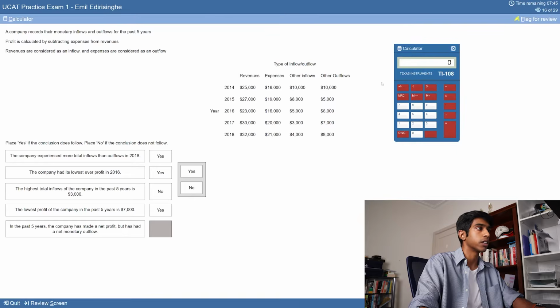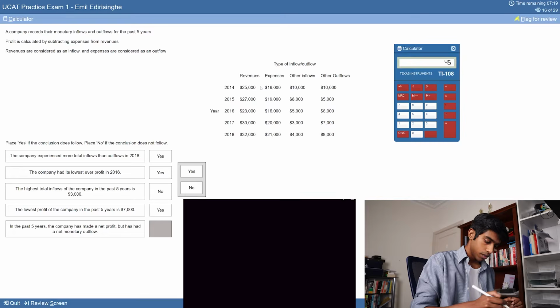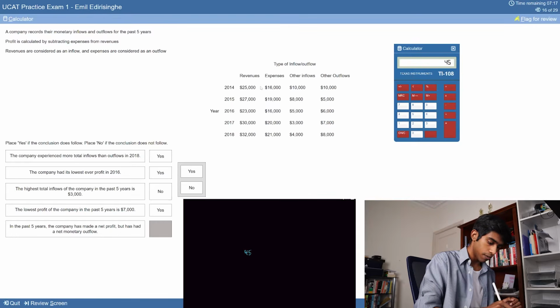So I think I've got to calculate the net profit and then the difference between inflows and outflows. Yeah, so net profit was what? 9,000 plus 8,000 plus 7,000 plus 10,000 plus 11,000. So 45,000. I'll write this down. 45,000.